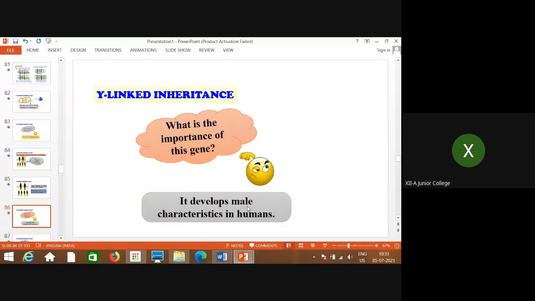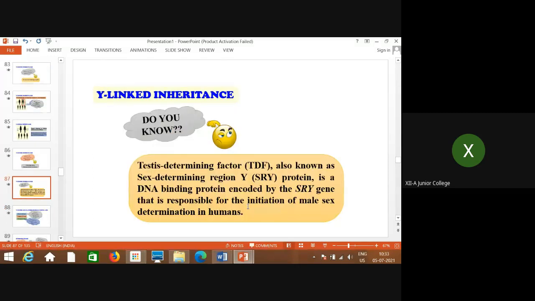So what is the importance of this gene? It develops male characteristics in humans. What do you know about this Y-linked inheritance? Testis determining factor, also known as sex determining region Y protein, is a DNA binding protein encoded by the SRY gene.